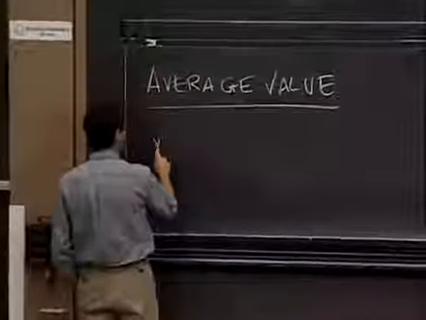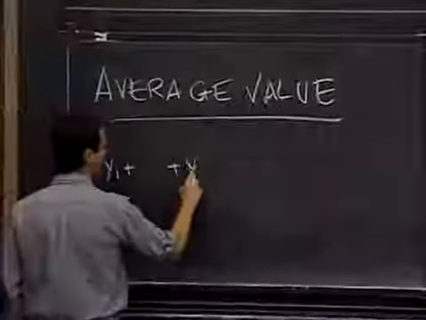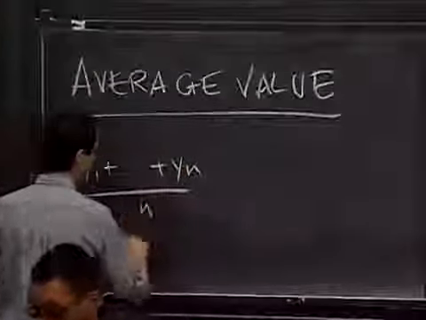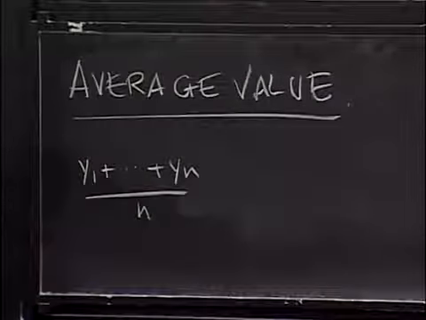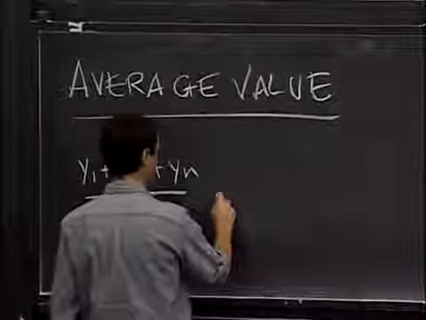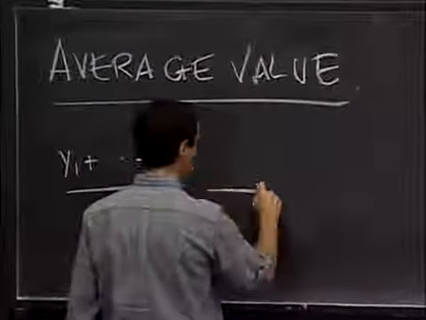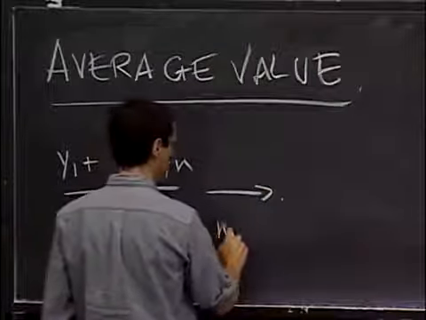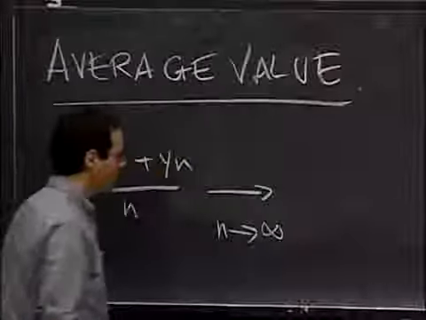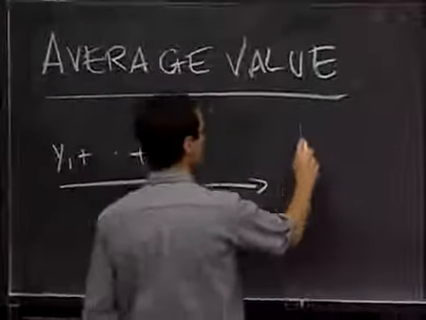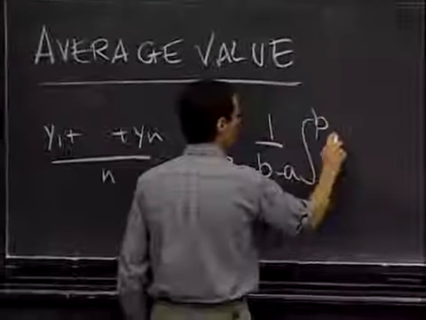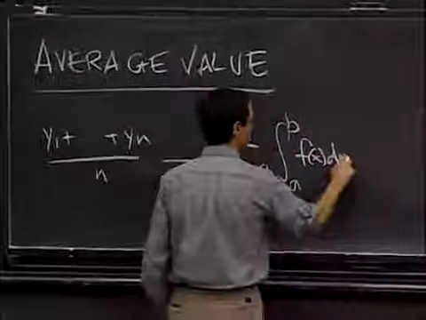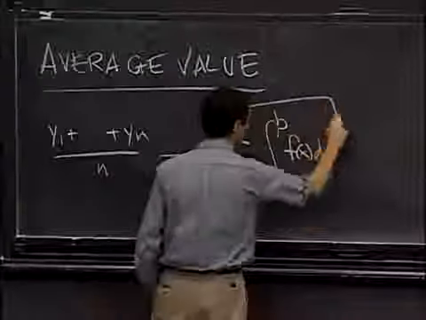If you take the average of a bunch of numbers, that looks like this, and we can view this as sampling a function as we would with a Riemann sum. And what I said last week was that this tends to this expression here, which is called the continuous average.